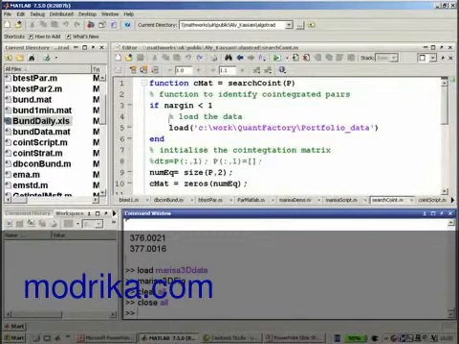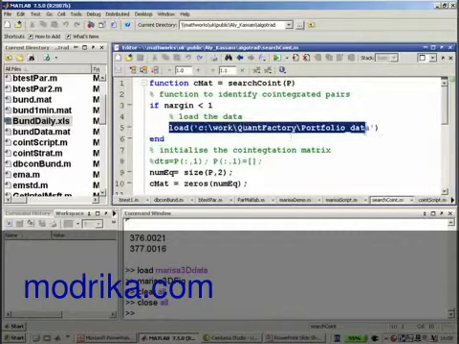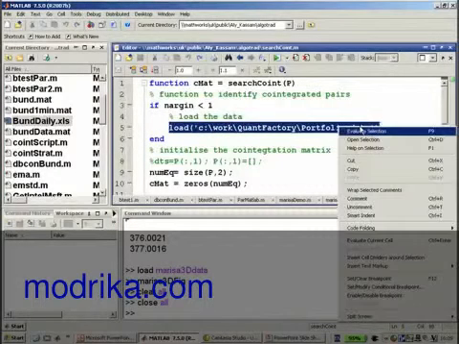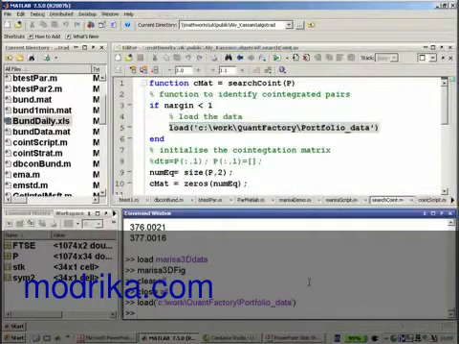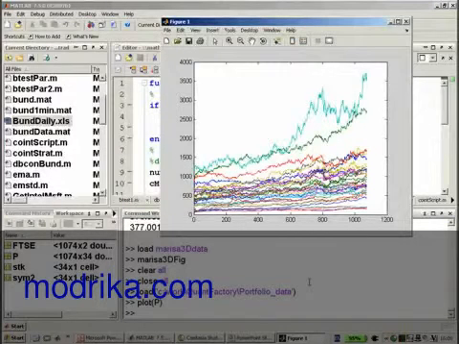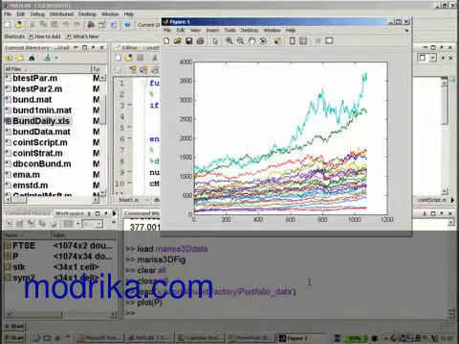There they are: 34 stocks taken from the portfolio of stocks that together make up the FTSE 100 index.